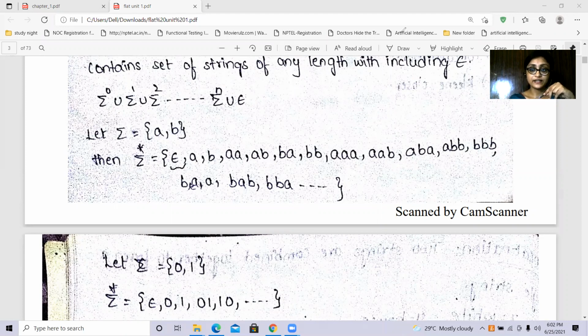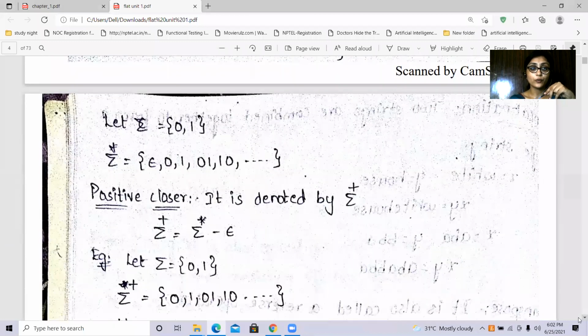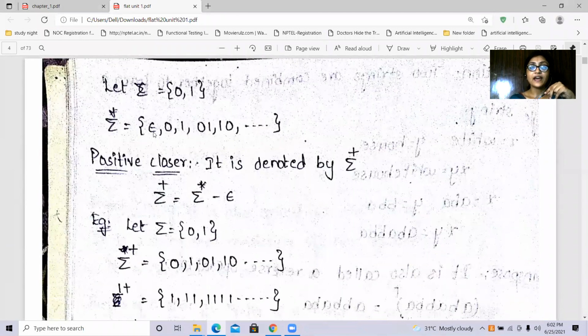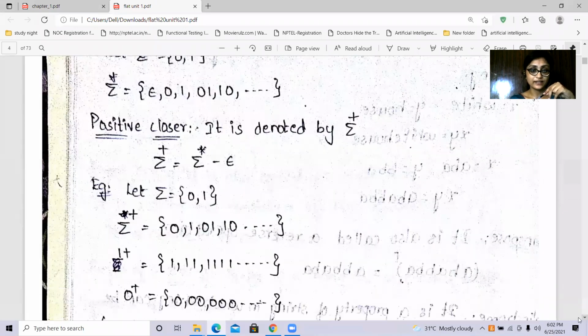Now let us consider the Kleene closure of another alphabet, sigma equal to 0 comma 1. Sigma star will be epsilon, 0, 1, 01, 10, and so on. Like this it will go on. In this way we have to write the Kleene closure. I hope you all understood what the Kleene closure is.